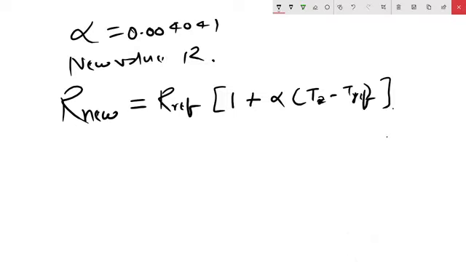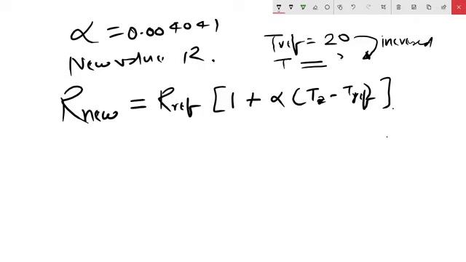Now we know that T reference is 20 and the temperature has increased to 35. The R reference value they have given you is 15 ohms. So R reference is 15 ohms.